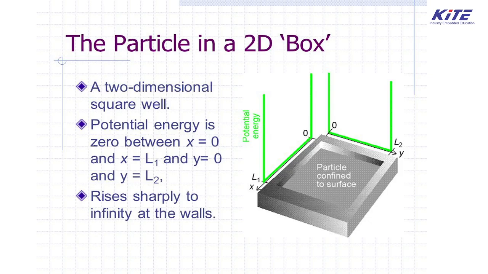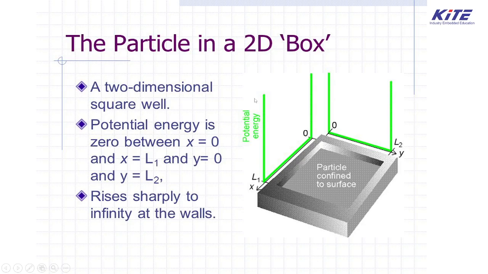So the Schrödinger equation for an electron confined to a two-dimensional box, x and y. Within this rectangle, the electron wave function behaves as a free particle, that is V of x comma y is equal to 0.